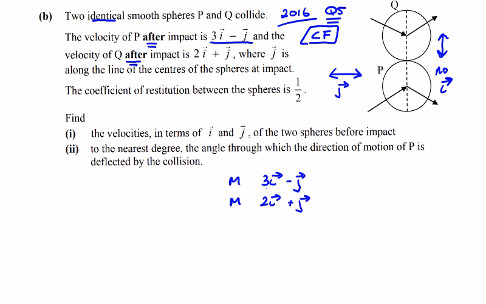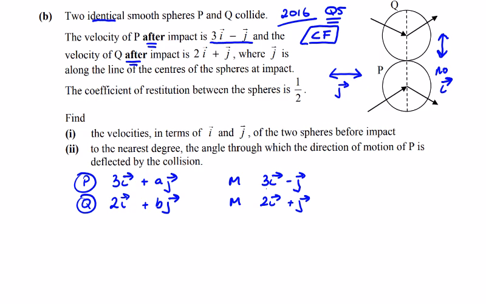And if there's no change in the i direction for P, we're going to have 3i, and I'll just call it plus aj or pj or something, and then for Q we're going to have 2i plus, we'll use b pj.